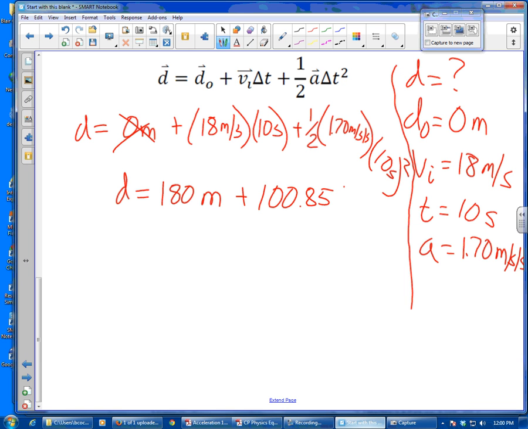Now let's see, I have meters per second over seconds multiplied by seconds squared over 1. That gets rid of one of those, that one gets rid of the other one, and I'm left with meters. Cool. Meters plus meters is good, right?